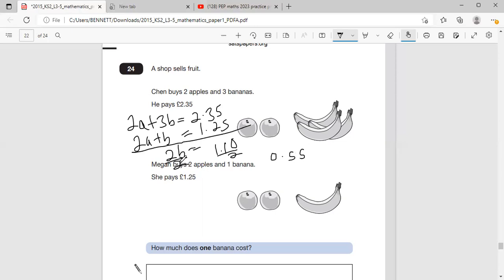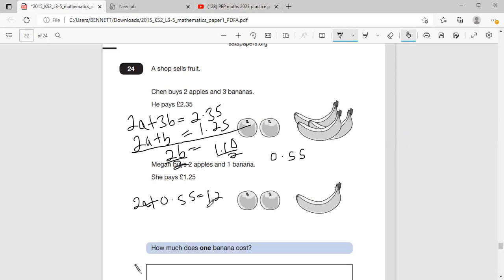That means if 1 banana costs 55 cents, then 2a plus 55 cents equals 125.